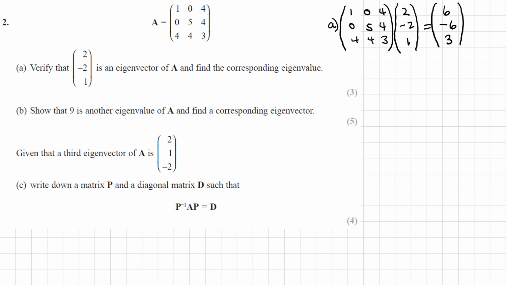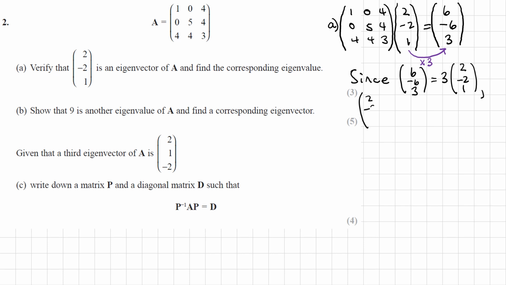And I can see that the original vector gets multiplied by 3 to give me this vector. So it is an eigenvector, and its eigenvalue is 3. So you should write some sort of conclusion: 6, minus 6, 3 is equal to 3 lots of 2, minus 2, 1.